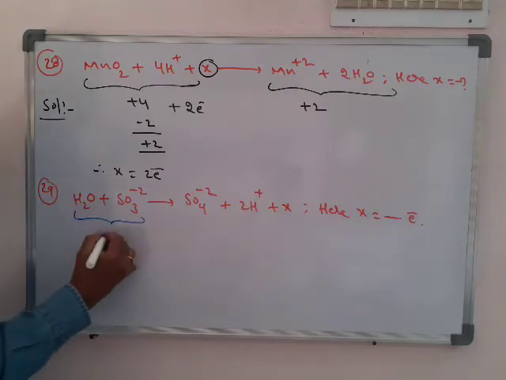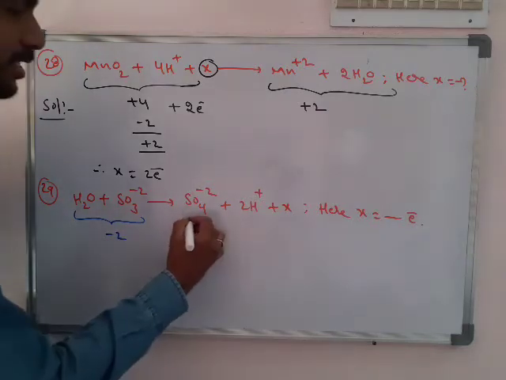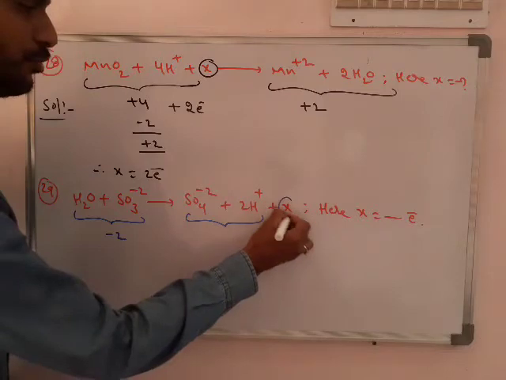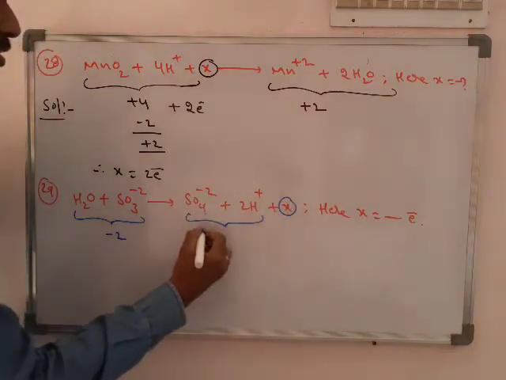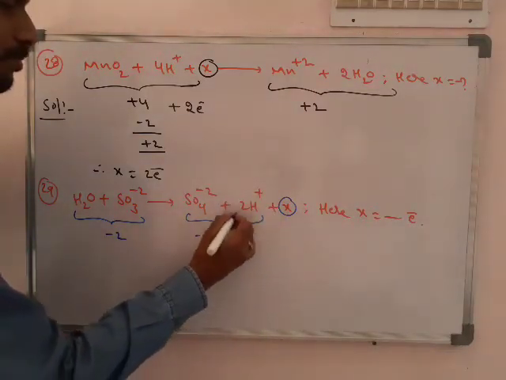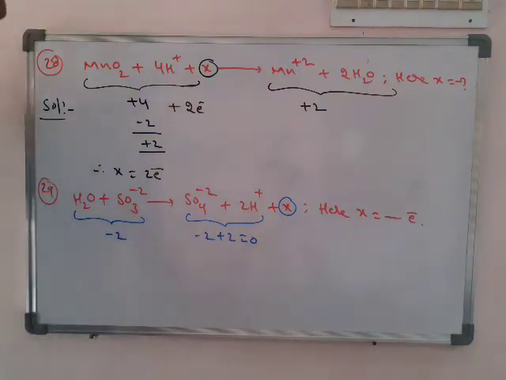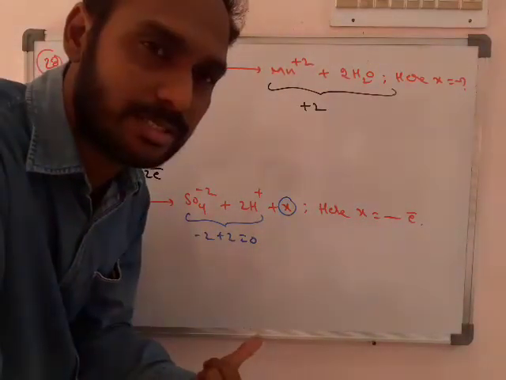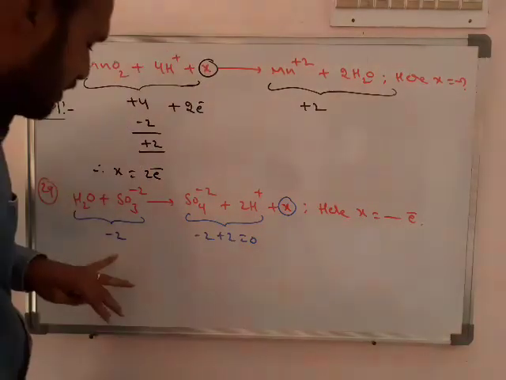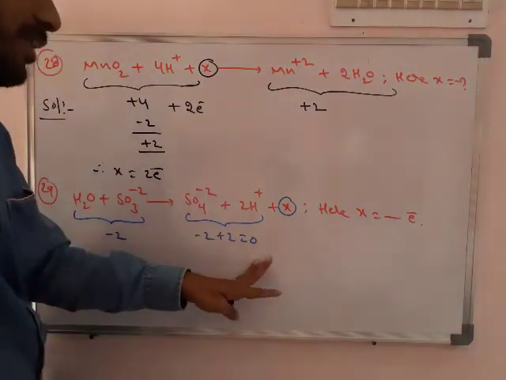Balancing the charge: the left side is -2, and the right side, except X, we don't know the X value. We have to find the X electrons. This is -2, and on the right, 2 moles are present, total 0. So -2 and 0. Numerically, which is the highest? 0 is the highest.